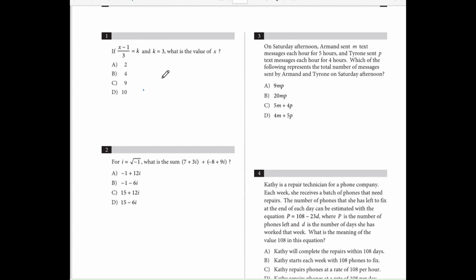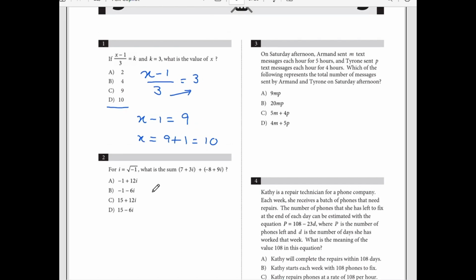If (x minus 1) divided by 3 is equal to k, then what's the value of x? (x minus 1) divided by 3 equals, here k is 3, and then we can cross multiply. x minus 1 equals 3 into 3 is 9, and then x equals 9 plus 1 equals 10. This is the answer.